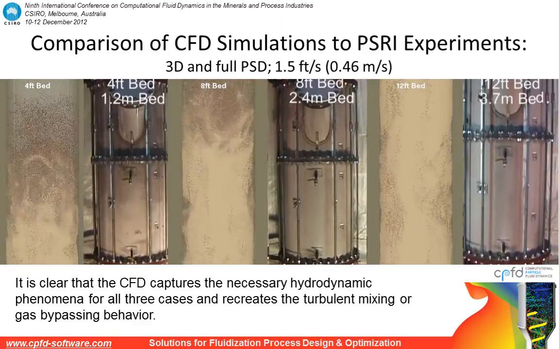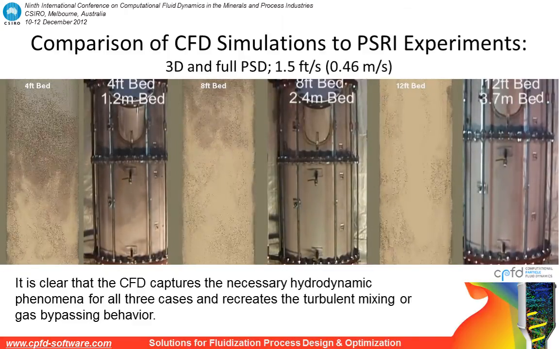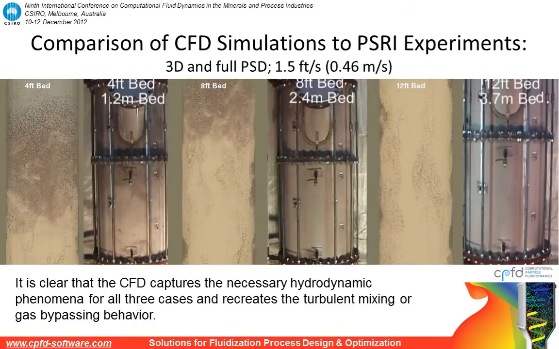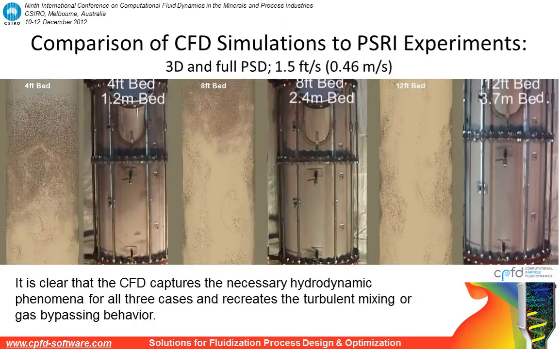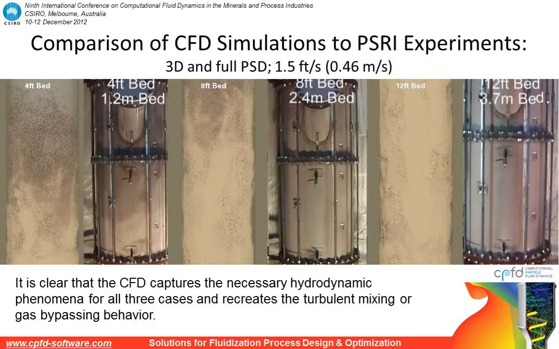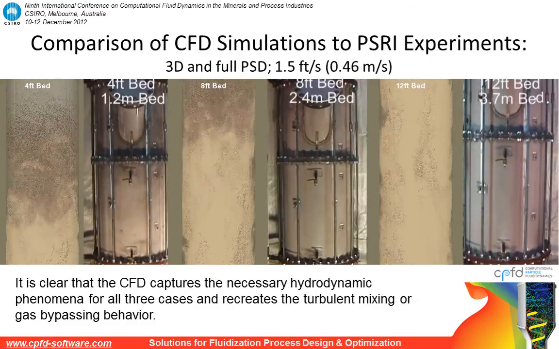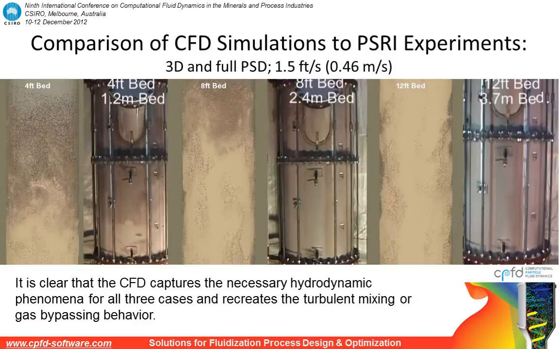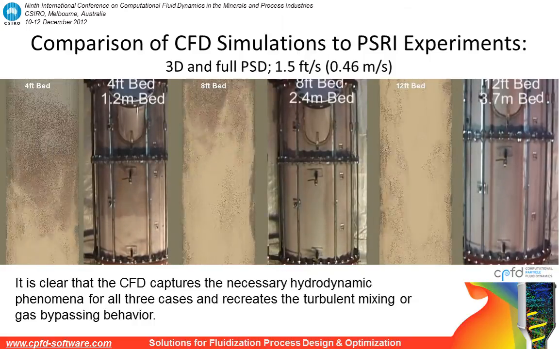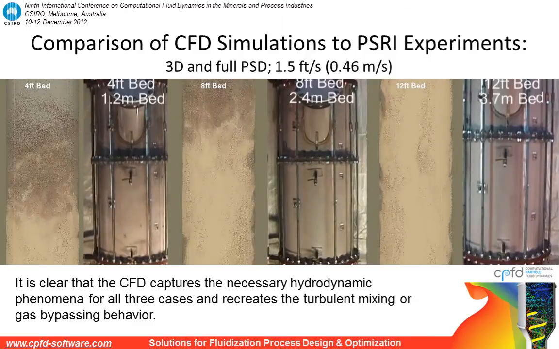Now here's a comparison between Barracuda simulations and the same PSRI experiments we were looking at before. You can easily see on the far left that the turbulent fluidization behavior is captured in the Barracuda simulation when compared to the experiment. When you look at the center, you can see here the streamers climbing up the wall and becoming semi-stable.